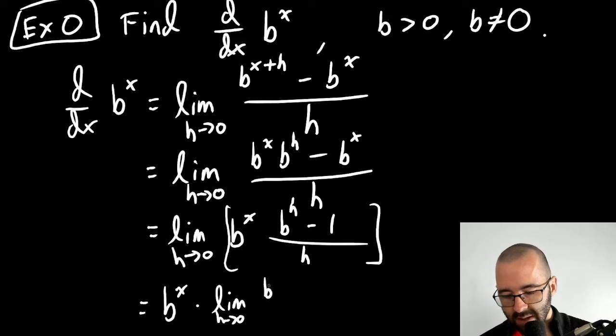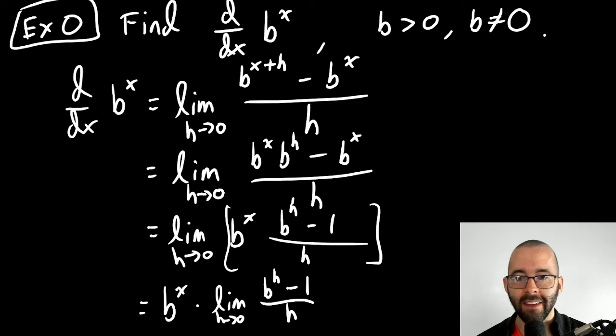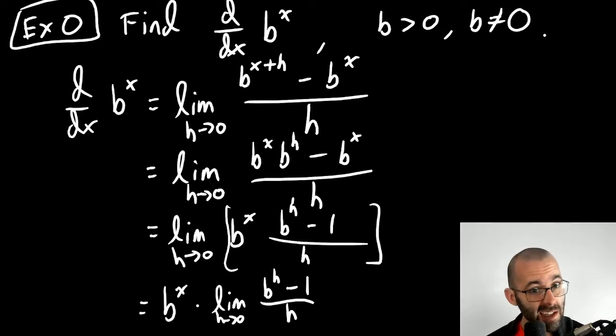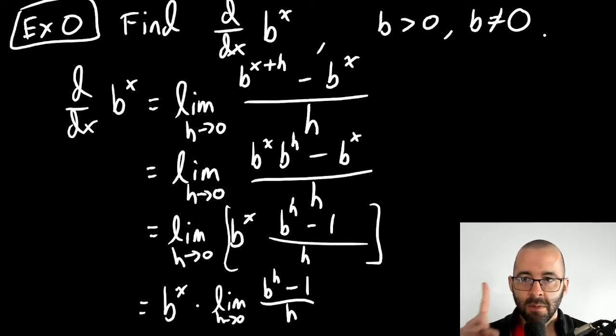Now it turns out that this limit is a little complicated. We could look at this graphically and get some approximations as h goes to 0. We could evaluate this limit in Calculus 3 using Taylor series, but for now, we don't really have the tools to evaluate this limit. But here's what I want to bring your attention to before I just tell you what this limit is.